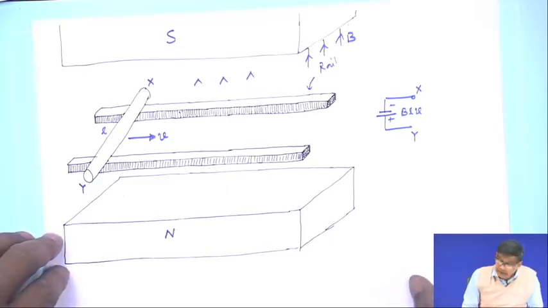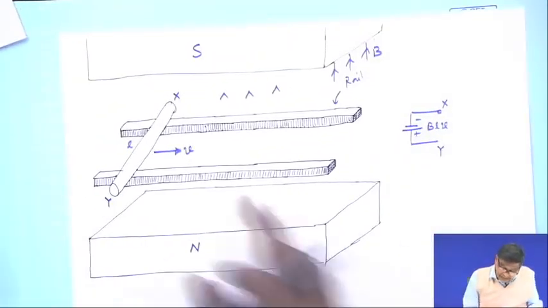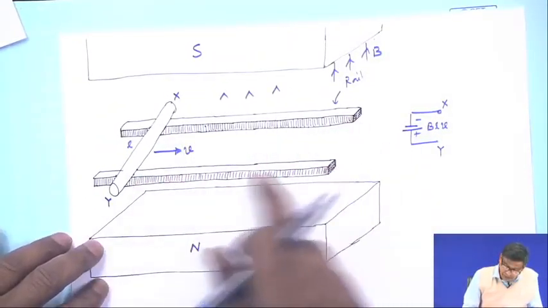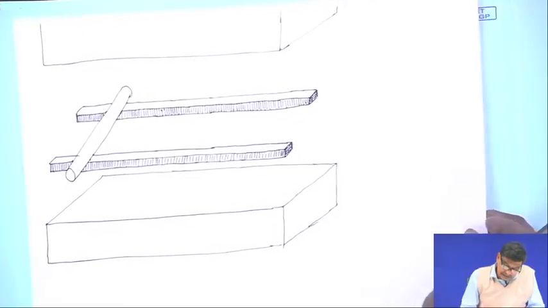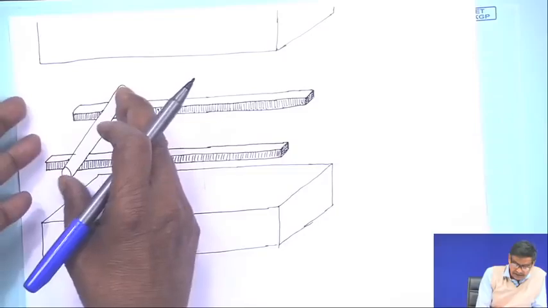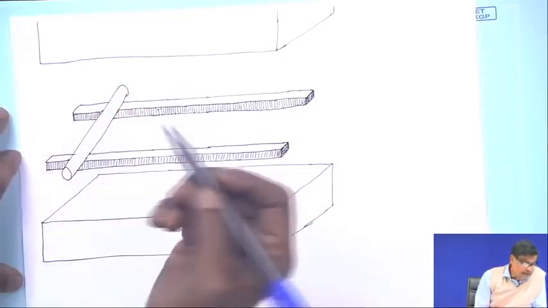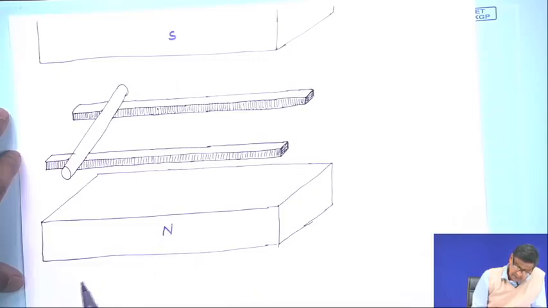Similarly, you could pass some current, and this rail is also a good conductor of electricity. So, in the next arrangement what I have done is this: here is the conductor, supposedly resting on the rails. Here is once again south and north, let us not disturb.